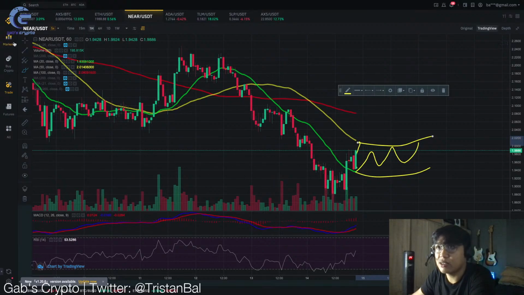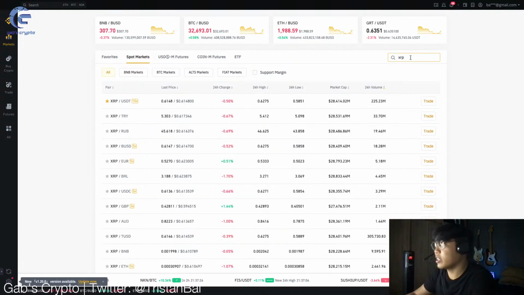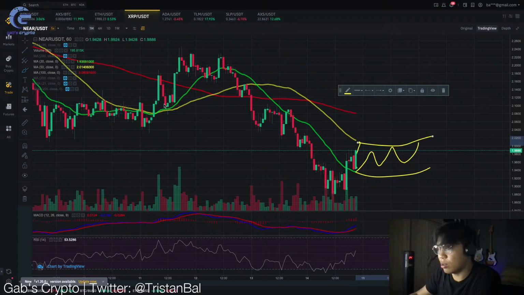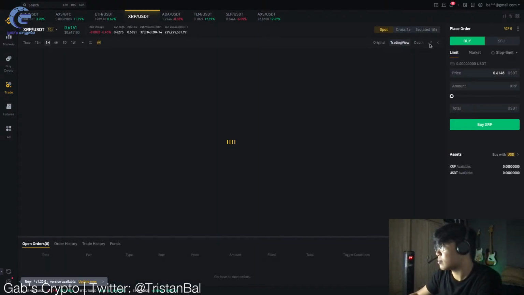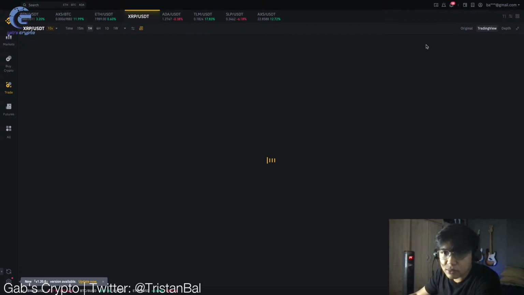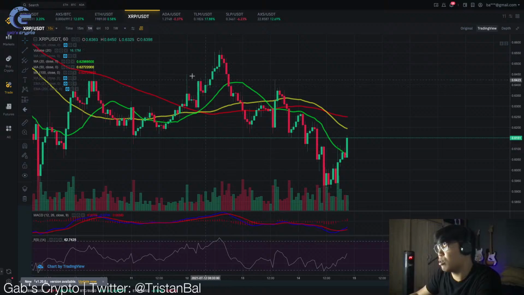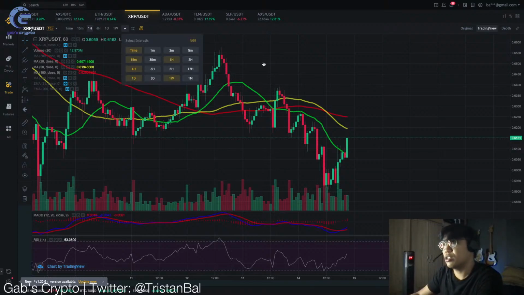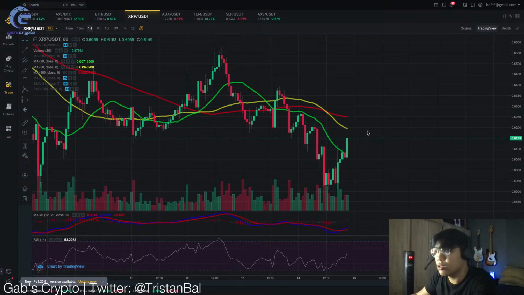XRP, sige. Let's take one last look. XRP and then balikan natin si Bitcoin before we end the live. So for XRP, same goes with, of course, in general, kahit anong coin, ang kailangan nyo tingnan dito is itong 20 moving average and 50 moving average for both coins.